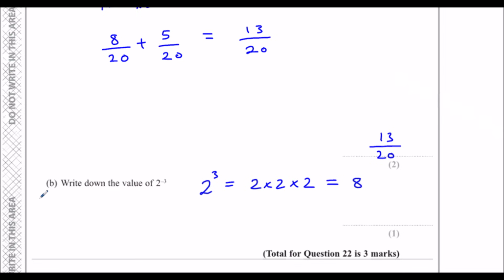So 8 to the power of negative 1 is 1/8. So any negative power is going to flip over the answer. So 2 to the power of negative 1 is half. 3 to the power of negative 1 is a third. So 8 to the power of negative 1 is 1/8.